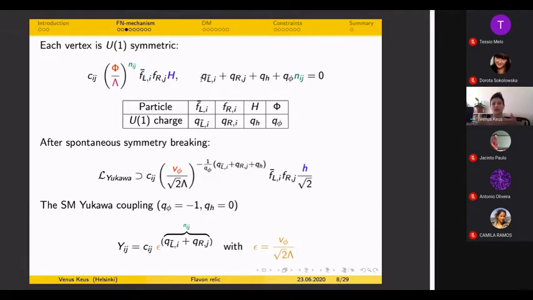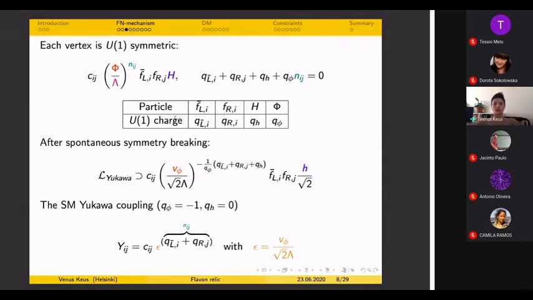And what these charges are, basically, you pick them. So it might not look as natural, because it depends on what you want to predict with your Froggatt-Nielsen mechanism. Of course, when they introduced it, the intention was to give a reasonable explanation of the hierarchy between the masses. As I show you some examples, you will see that depending on what U1 charges you assign to your fermions, your Yukawa texture looks different.